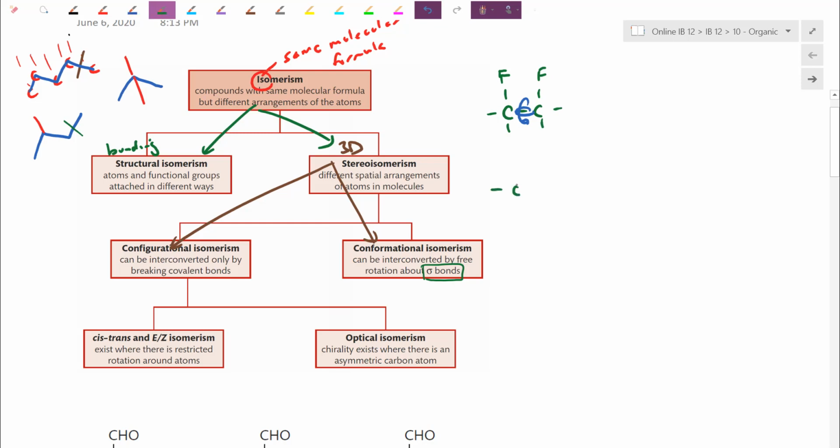What if I had the fluorines on different sides? What if I had this picture, where it's implied the rest of them are just hydrogens? Well, in this case, I didn't need to break any bonds, and because the single bond allows for free rotation, it's just a matter of flipping this around, and suddenly the fluorines are on the bottom. These two are conformers of each other. I haven't actually created anything different.